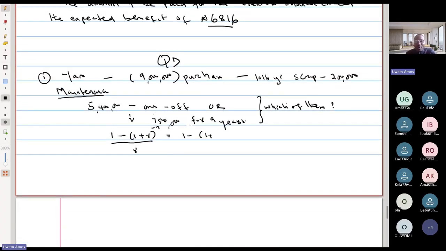So 1 plus 0.06 raised to the power of minus 9, for 9 years, all over 0.06.